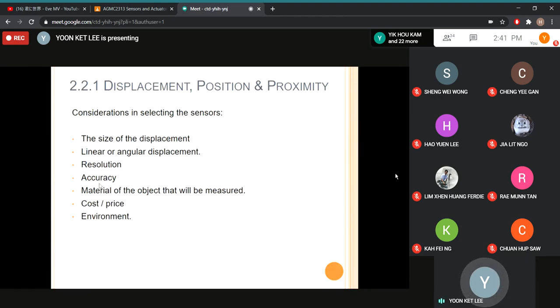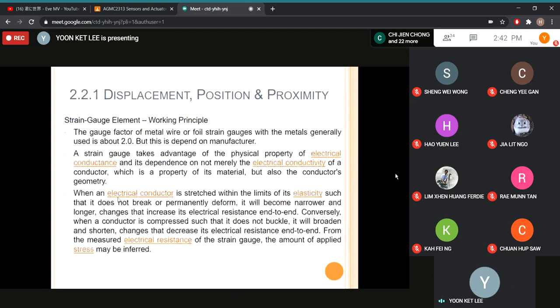If you use a metal object, I have two choices. Either I can use a capacitive sensor or an inductive sensor. But if you consider the cost, then I will use the inductive sensor because the capacitive one is more expensive.